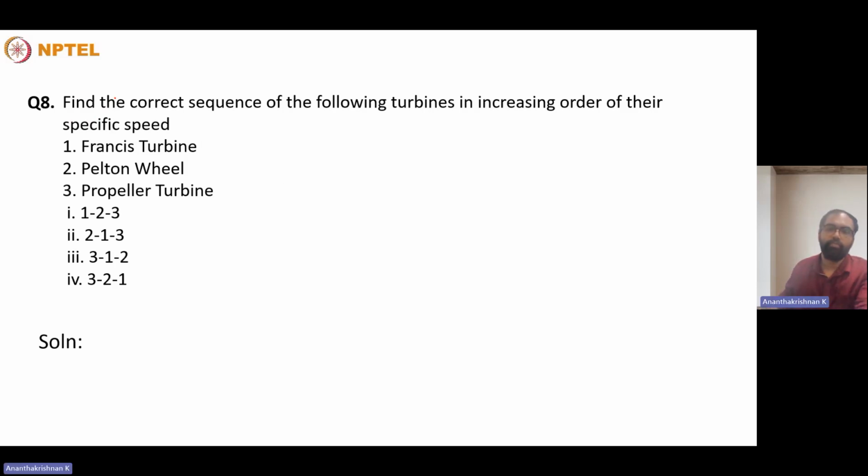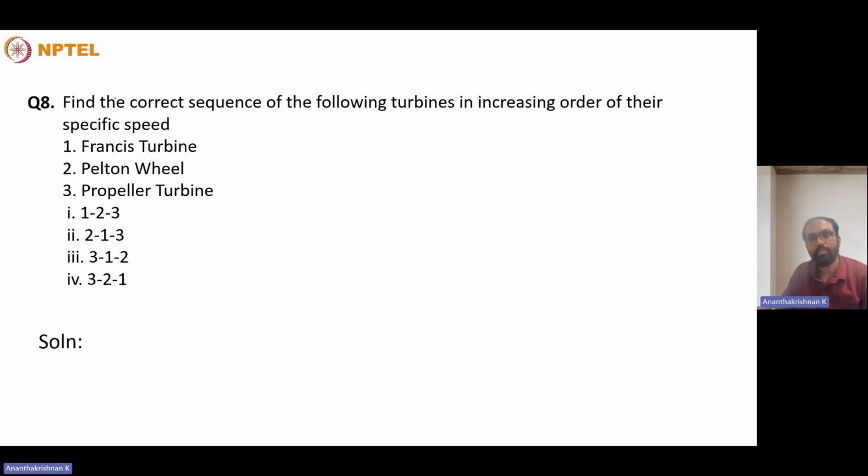Find the correct sequence of the following turbines in increasing order of their specific speed: Francis turbine, Pelton wheel, propeller turbine. Since these reaction turbines can operate at a lower head, in order to produce the same power, they need to have a higher specific speed. It is the Kaplan turbine or the axial turbines which operate at the lower head.